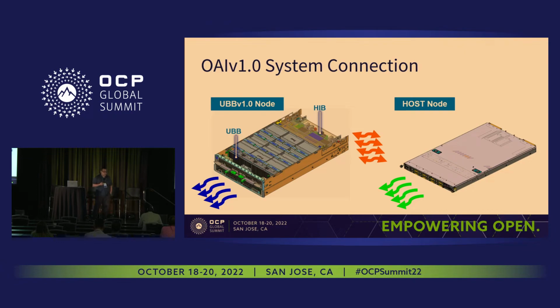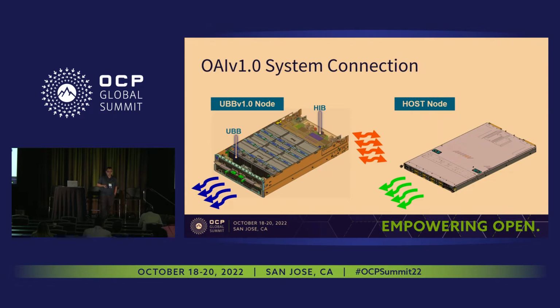But Wiwynn, as a solution provider, is not just thinking about providing a performance-promised PCB, but also thinking in terms of the system level or rack level. Once you have an OAI system right here, you still need to connect it with the host side.